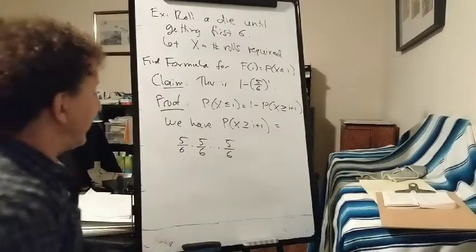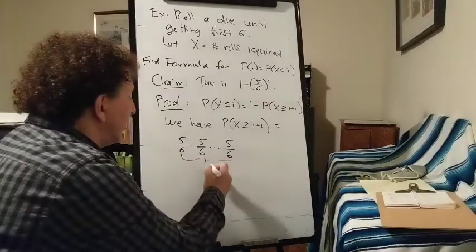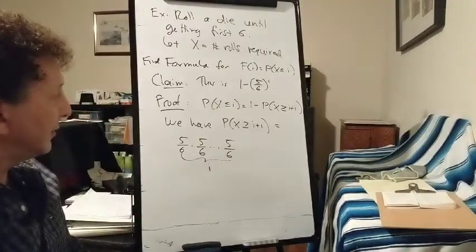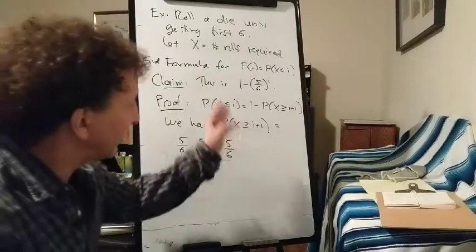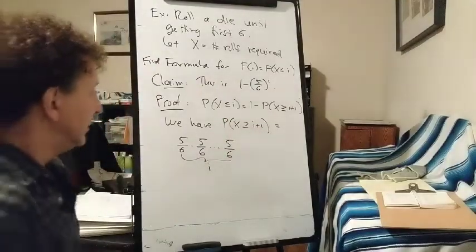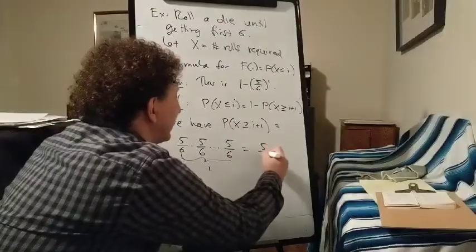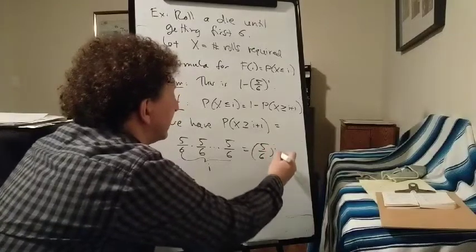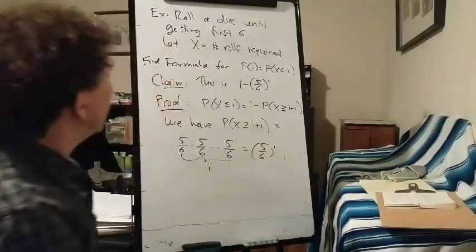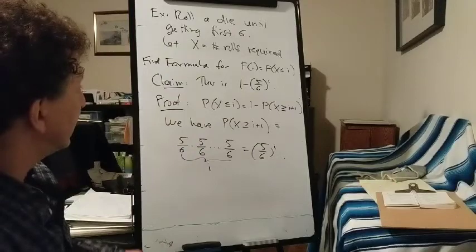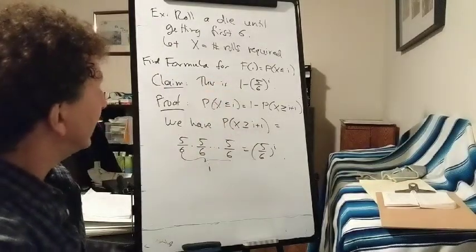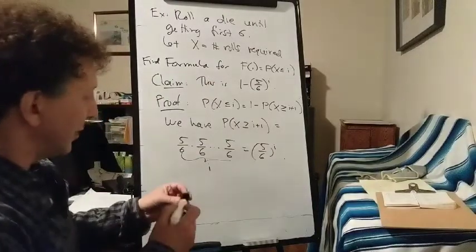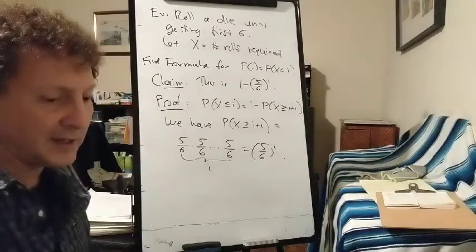And actually, if we fail on the first i rolls, that's the same as guaranteeing that the first success happens on the i plus first or later roll. So it's just (5/6) to the i. So we want to subtract this from 1, and that's the formula we have there. 1 minus (5/6) to the i.